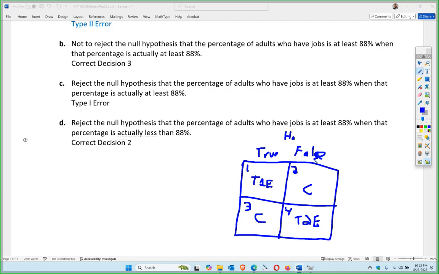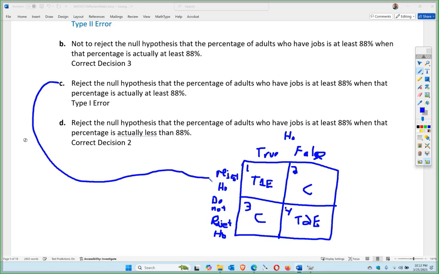And then there's the question of what do we do? We either rejected the null hypothesis, or we did not reject it. Okay, so type 1 error was we rejected it, which is right here, but it was true, so that's a problem, correct?